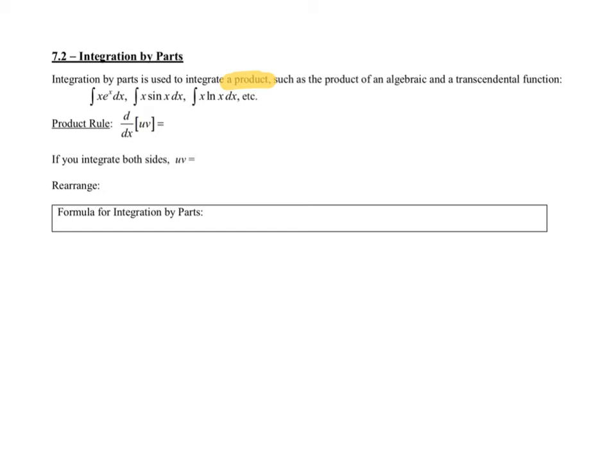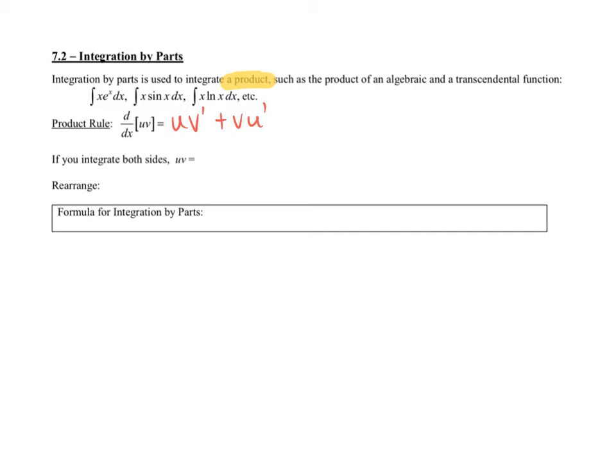And so I'm going to take a second here to derive the formula for integration by parts, and it comes from the product rule of derivatives. So if I start here with the derivative with respect to x of uv, I know that that's going to be uv prime plus vu prime, just using the notation that I have there.